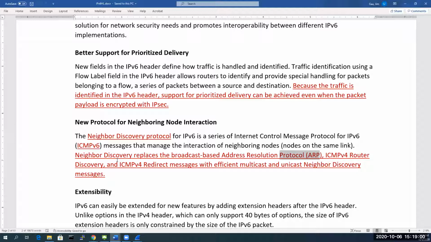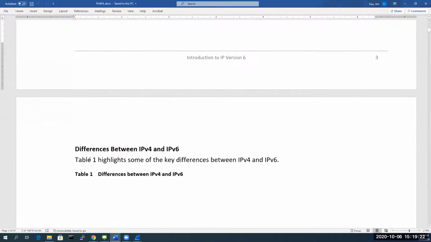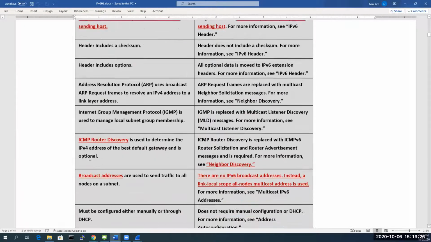For instance, this router advertisement has to be advertised to all nodes, everyone. So that means everyone, when they receive that, subscribes to the multicast for all nodes, which to me is like a broadcast. We will go into the detail of that later.